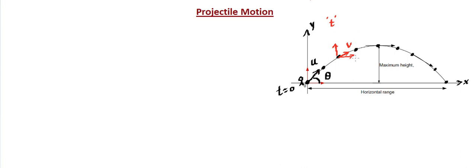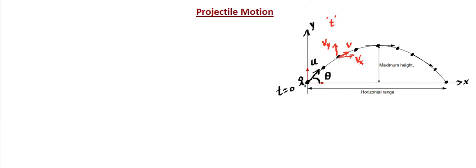We will treat it as two components, one in the horizontal direction. The horizontal component of velocity will be written as vx, x for horizontal. Another component will be vy, the y component. That means the motion has a velocity in the x direction as well as in the y direction. Moreover, wherever this particle is located at time t, we need to know the location.